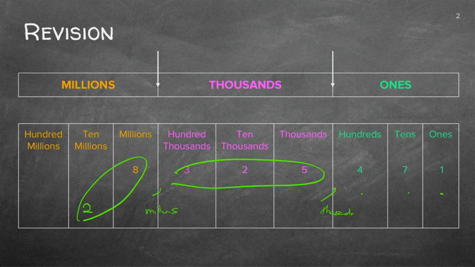So we start with the ones, the tens, the hundreds, and when we get to the thousands, it's the 1,000, 10,000, 100,000. Then we go over to millions, 10 millions, 100 millions, and then billions and trillions and so forth. Okay, I just want to make sure that you still remember how we do that.